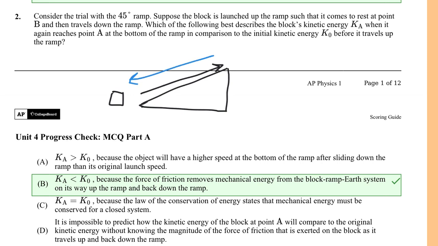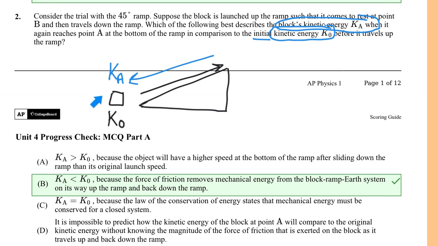We have 2 points: K naught, which is our initial kinetic energy, and Ka, which is when it reaches point A at the bottom again. Ka is whenever the block gets back down the ramp. K0 is going to be the initial push.